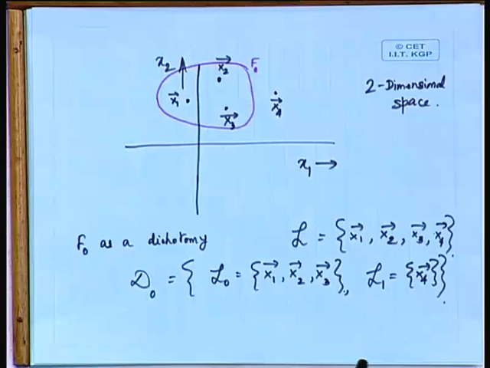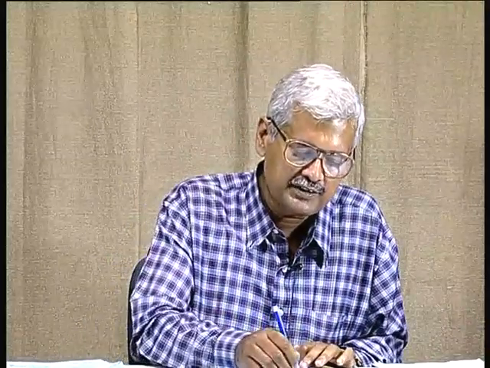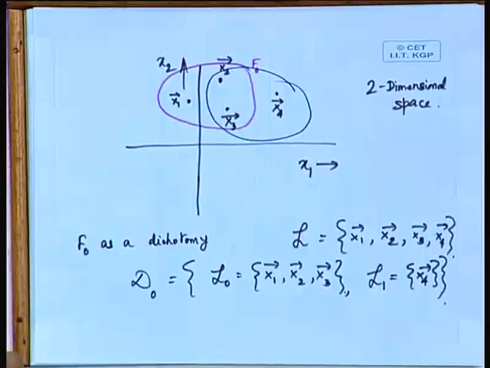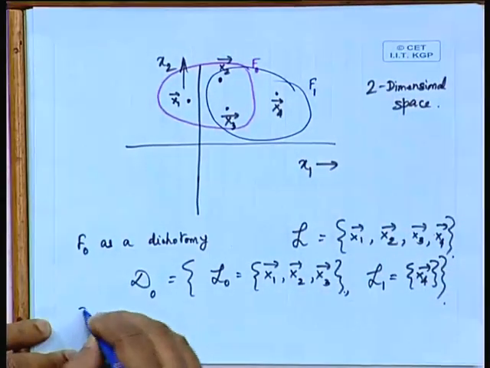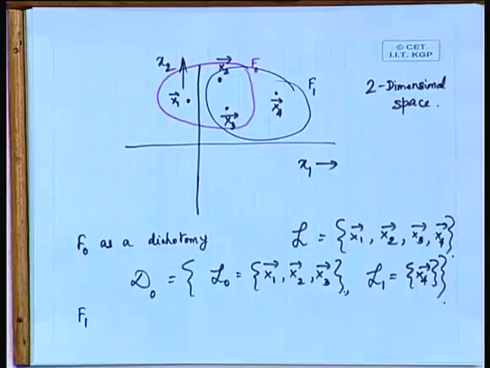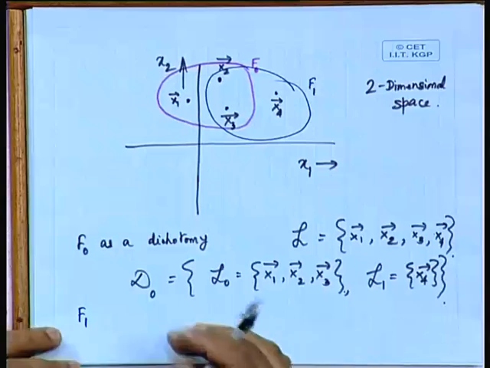And let us now think of a different dichotomy. Let us say that instead of this, I pick up this one as a dichotomy. Now this dichotomy I call f1, and f1 is again inducing 2 different sets.